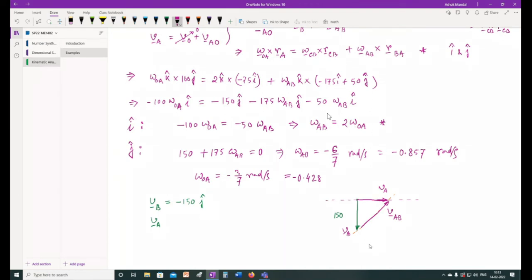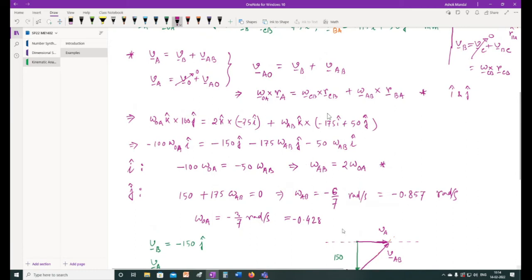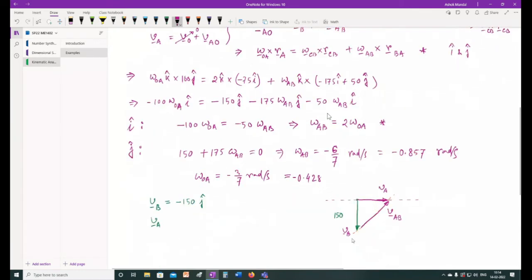So what happened in earlier days? Earlier, computers were not there. So that is why people used this graphical method to find the velocity and acceleration for a particular configuration. Sometimes you avoid these calculations and equation solving, and use only this graphical method.